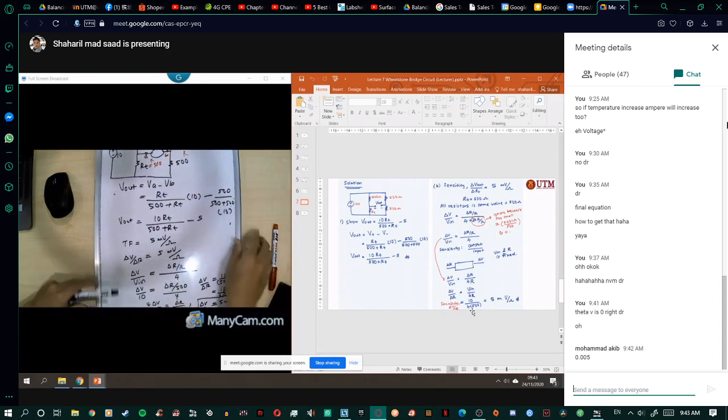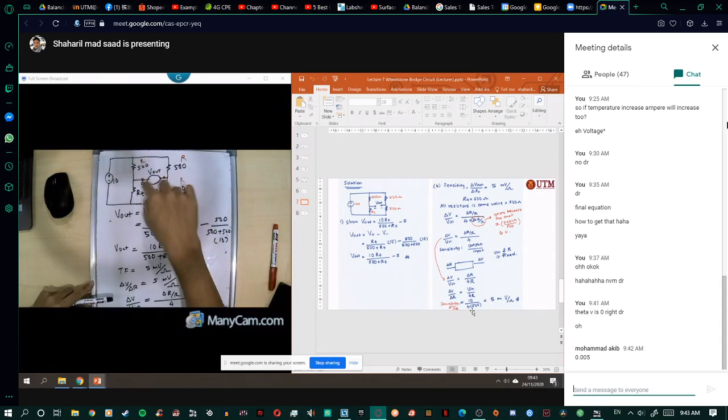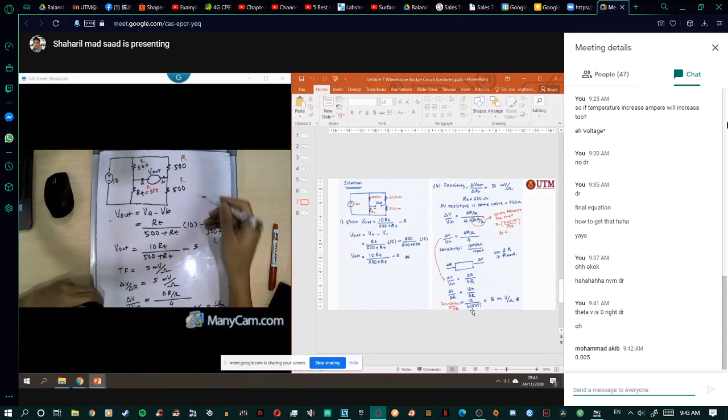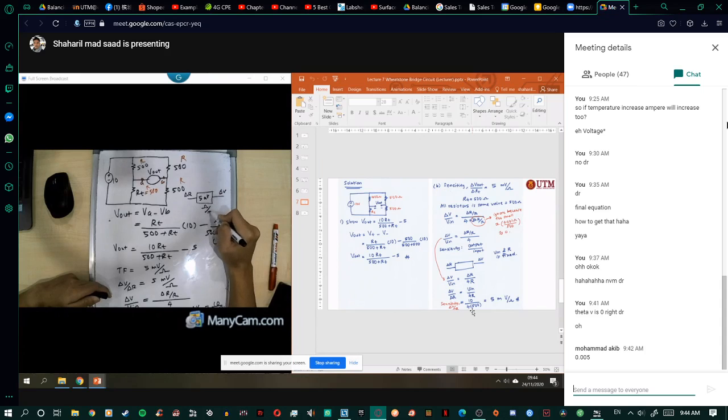So when you apply your Wheatstone bridge like here, 500, 500, 500, 500, and V in is 10, now you will get the sensitivity of your Wheatstone bridge. This is delta R, this is delta V, equal to 5 millivolt. The unit is millivolt divided by ohm.